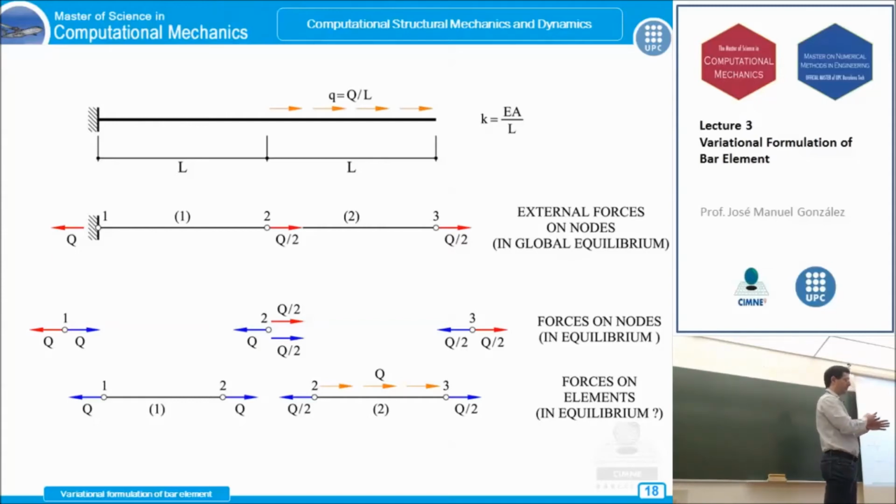So our total potential energy principle, the minimization, guarantees that the forces are in equilibrium in the nodes and external forces are in equilibrium in the nodes, but not in the elements. We are not sure about this equilibrium here because we are talking about the displacements in the nodes.